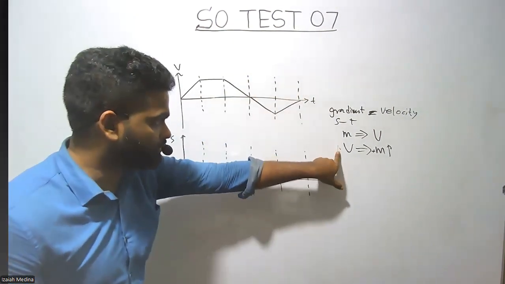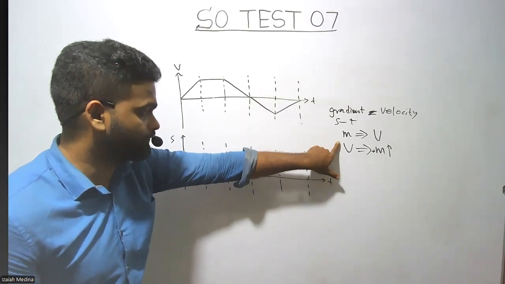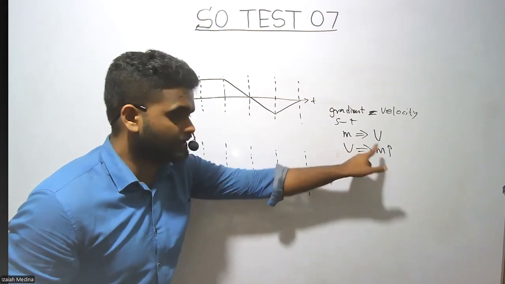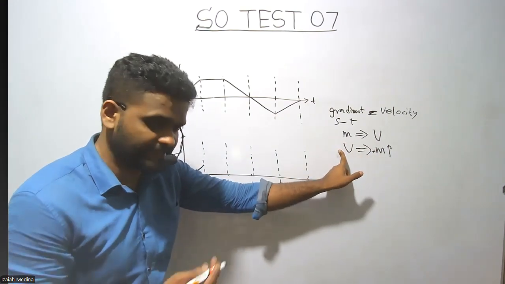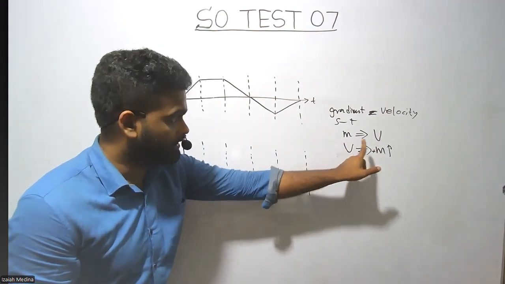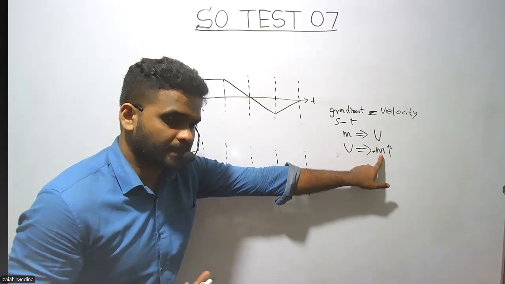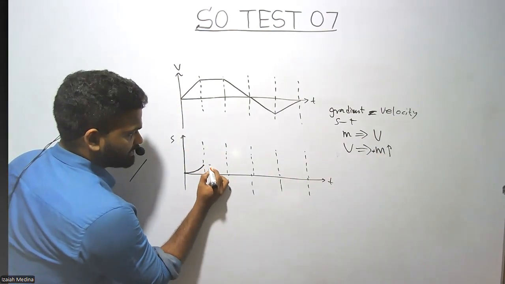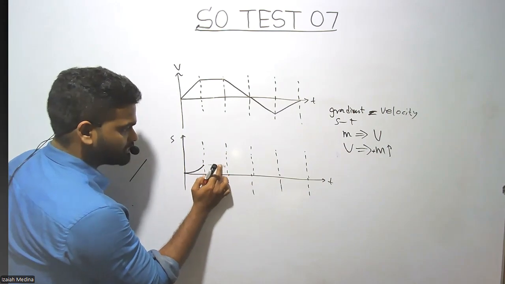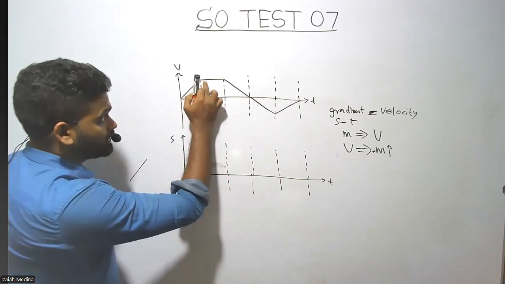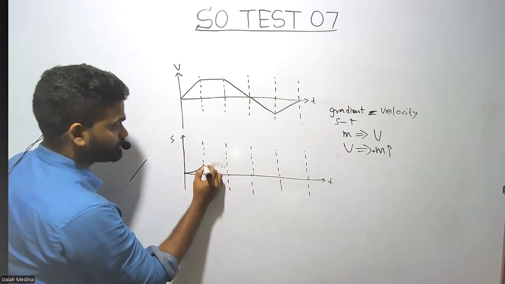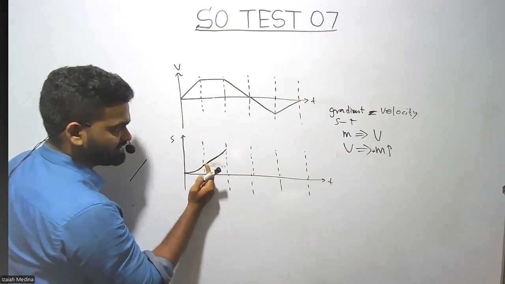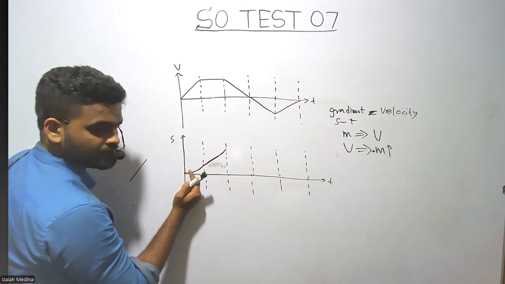If velocity is constant and also positive, gradient also should be constant, not 0, right? Velocity is constant and it is a non-zero constant. And gradient also should be a non-zero constant. If the gradient were 0, it would be like this, but it is not 0. Gradient has a value. So it is a constant like this. This is a linear part. This is curved. This is linear.